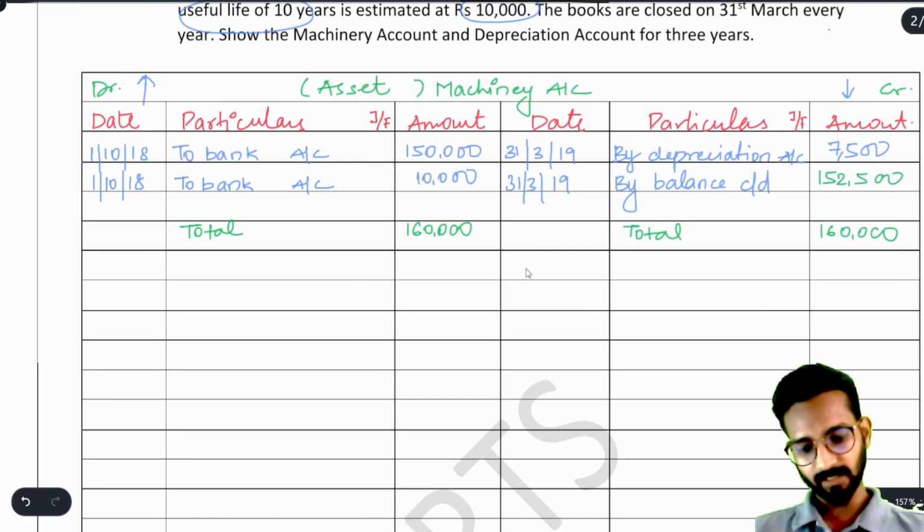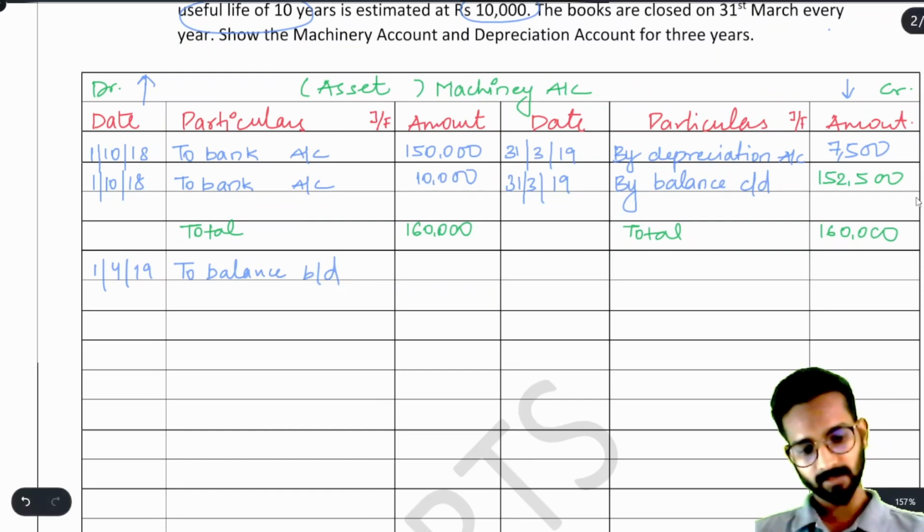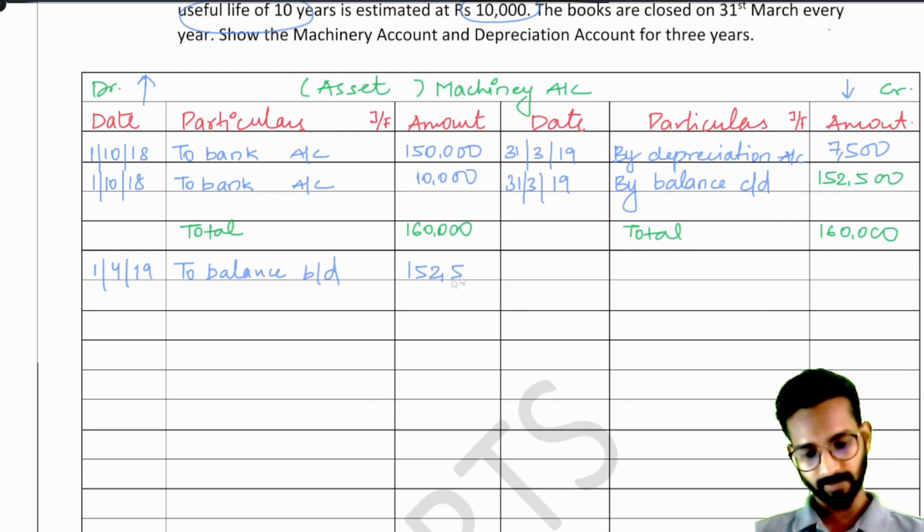Now, again, after that, we will write the opening balance here, which is 1st April 2019, to balance BD. How much is the opening balance? This is your opening balance. It will appear here, 1,52,500.